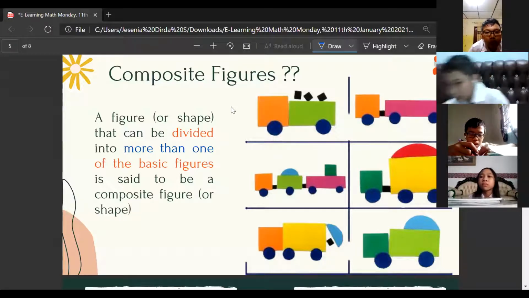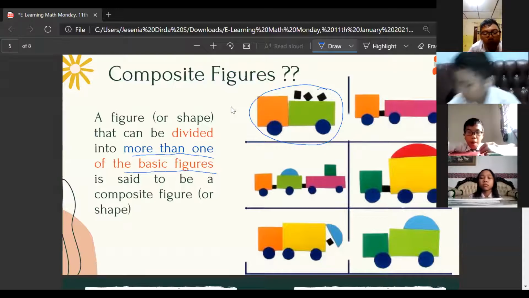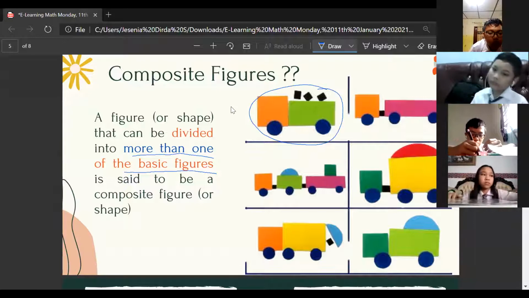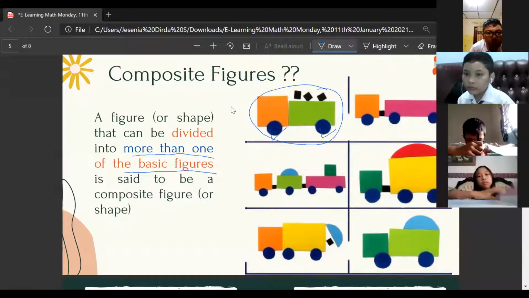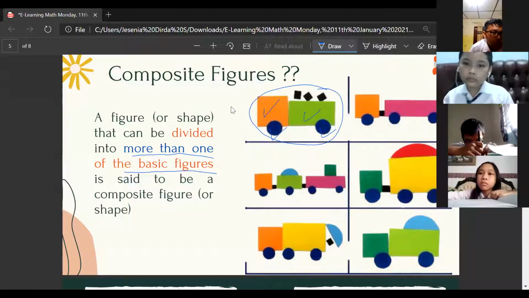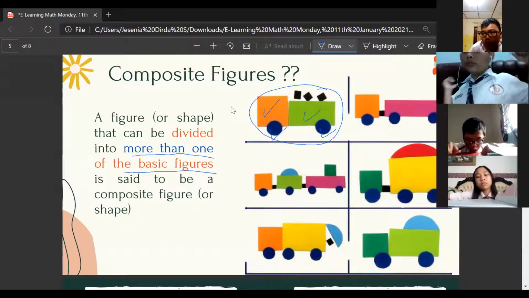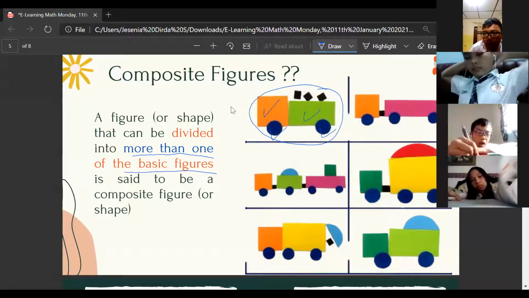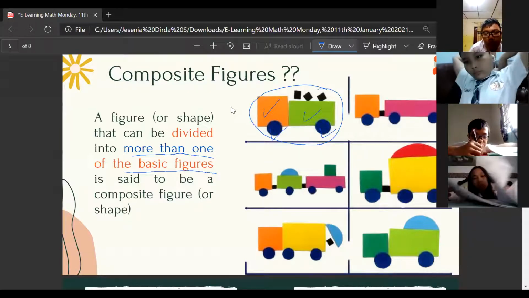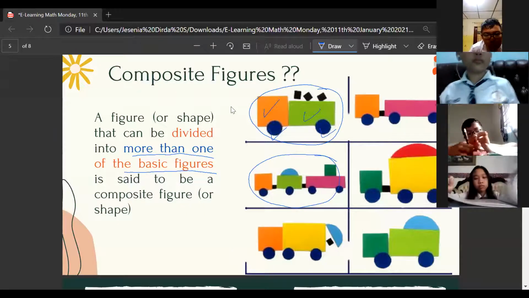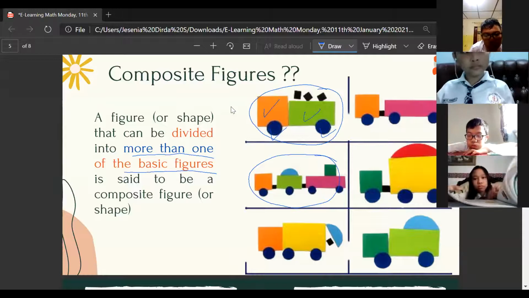Kalau misalnya basic figures tadi kita kombinasikan, we combine, like for example, there's a circle in this picture. There's a square, rectangle. We combine them, kayak main puzzle. We combine them, and then we got the composite figures. Okay, same like this. If we separate, artinya kita pisah-pisahkan, if we separate these figures, we will find the basic figures. Jadi kebalikannya. Okay? Okay, got it ya?